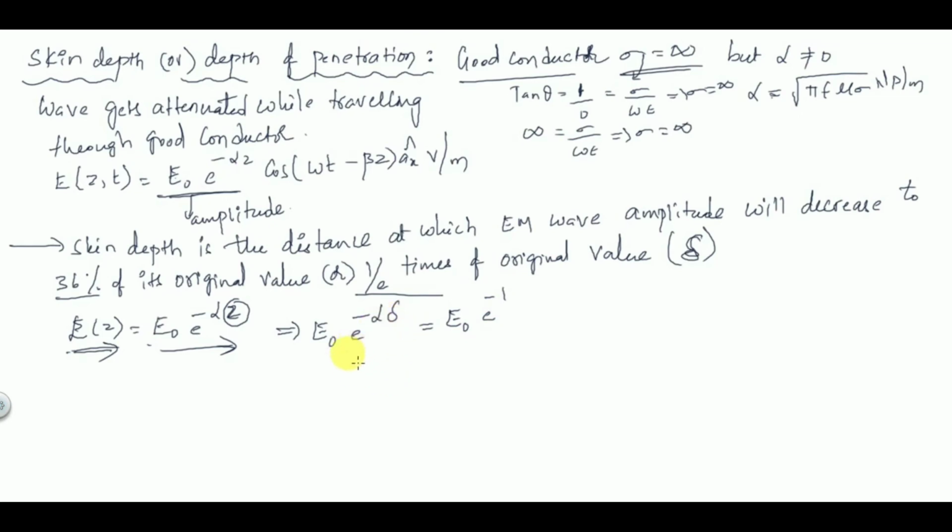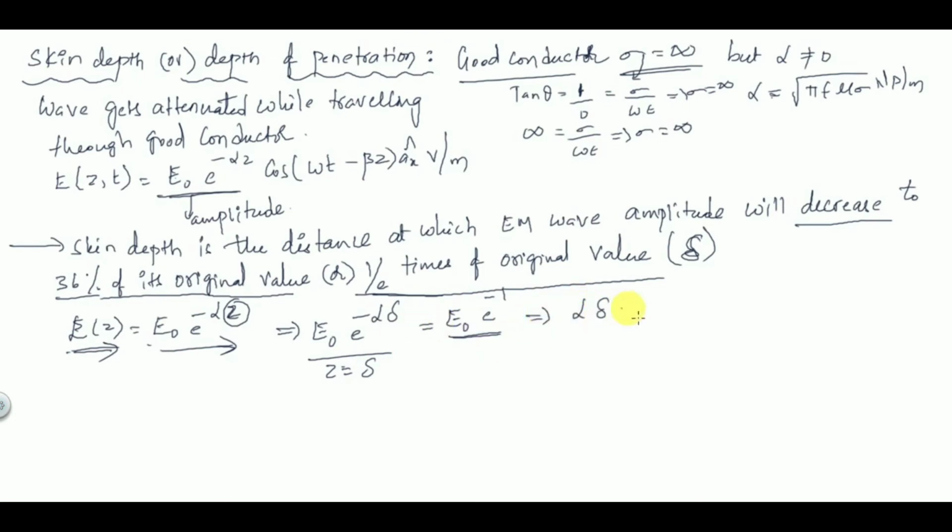So when you substitute z equal to del, its value must be equal to 1 by e times the original value. Equating these two equations, what do you get?